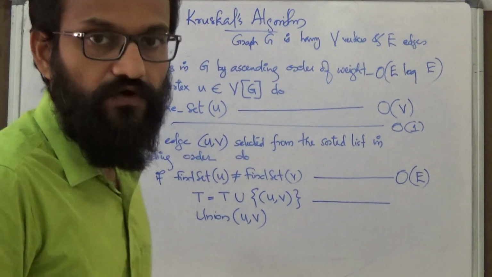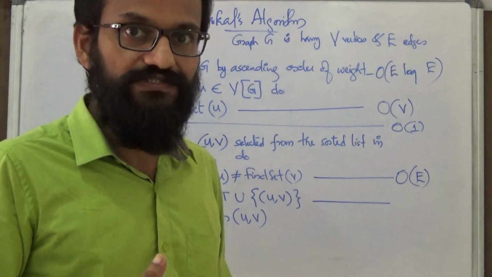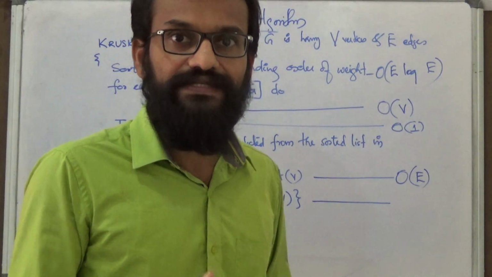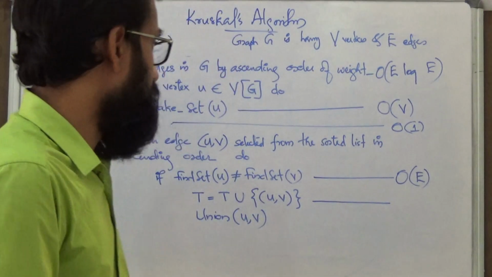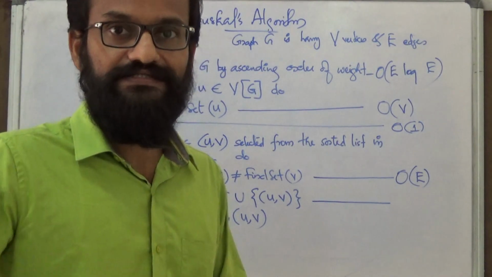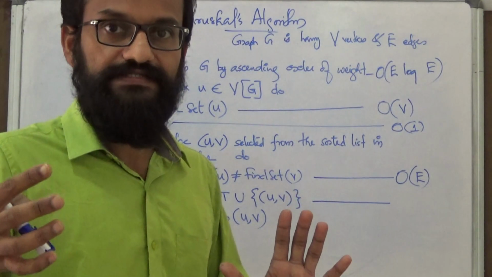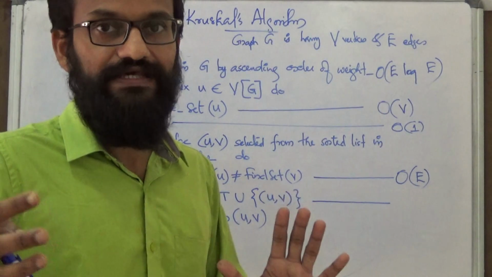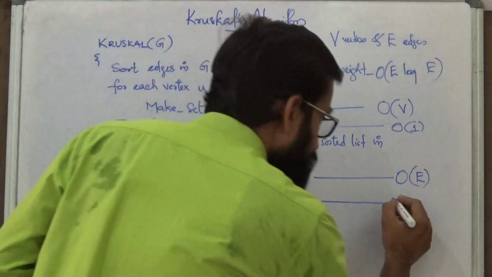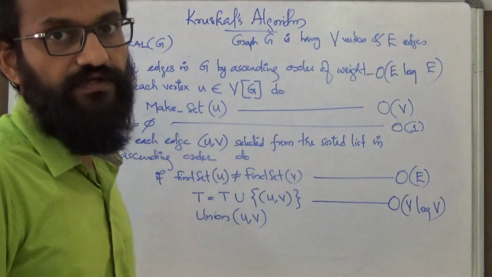Now what about total cost for union operation? If we go through the analysis of union operation in the disjoint set data structure using weighted union heuristics, you know that if you are having V singleton sets, in order to unite the V sets into a single set containing V items, cost taken will be order of V log V if we follow weighted union heuristic.